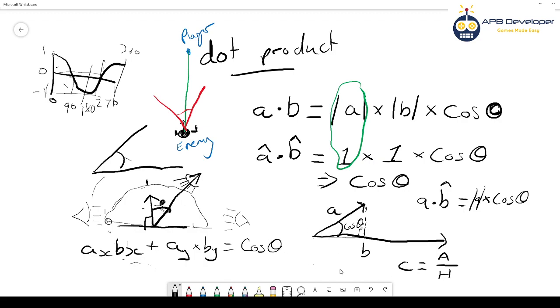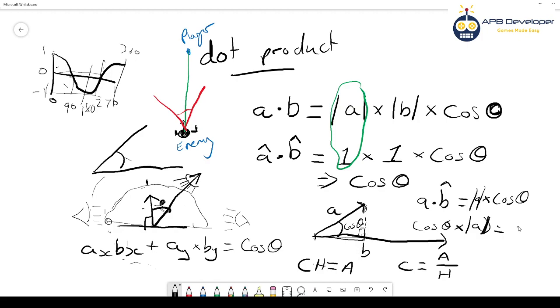Rearrange this one to give us that, would give us cosine of the angle times the hypotenuse equals the adjacent. So what it actually does, cosine of the angle times hypotenuse, which is A, so cos theta times the length of A, becomes this length here, which is the projection of A onto B.